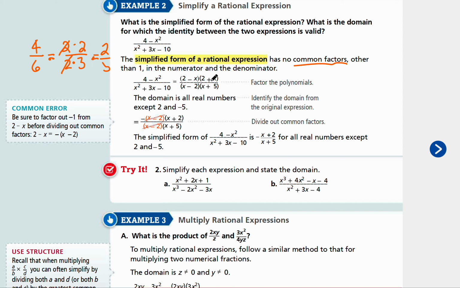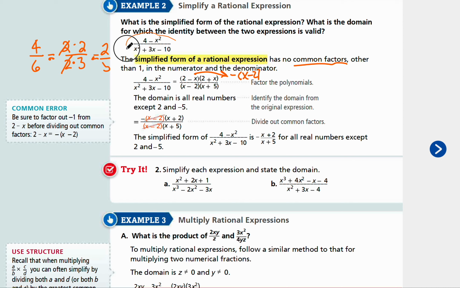Although the orders are flipped, by the commutative property, 2 minus x is the same as negative x minus 2 in parentheses. So you can cancel the common factors, and you have a negative, giving negative x plus 2 over x plus 5, but this is not the original form, right?